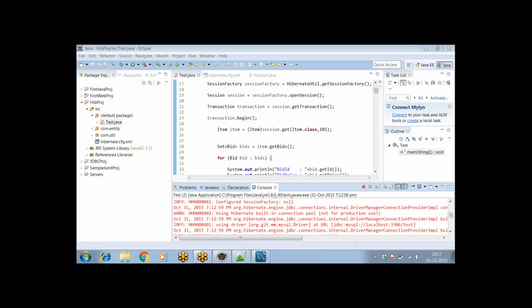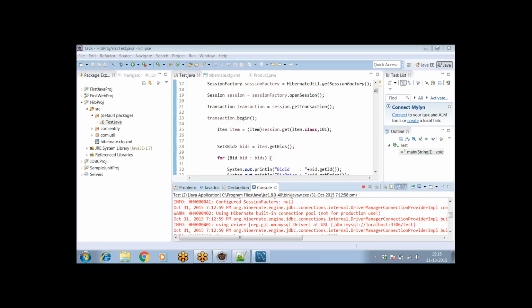Let's say for that item, you have, let's say, 5,000 bits placed. Let's say the user is just trying to view the item details. The user is browsing through the items in the online shop, and whenever the user clicks on an item, the details about the item will be fetched from the database.